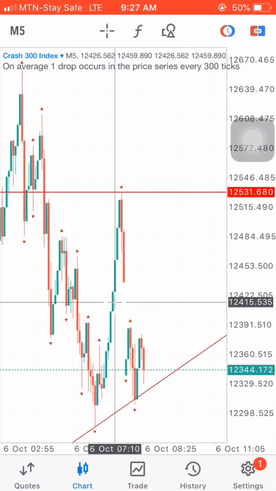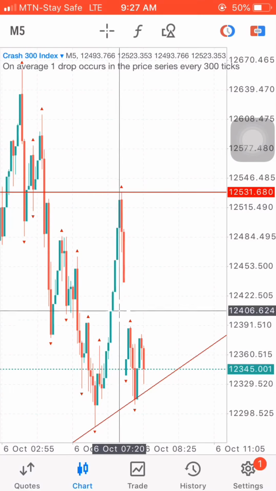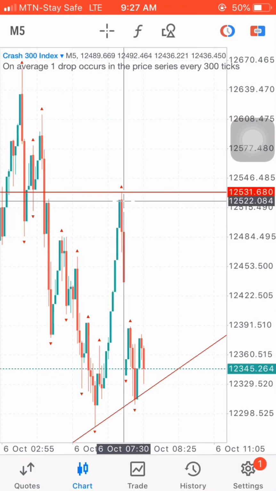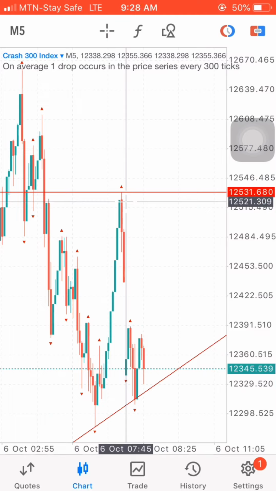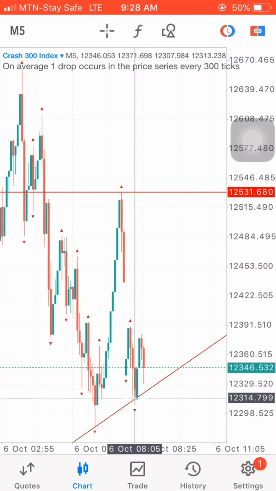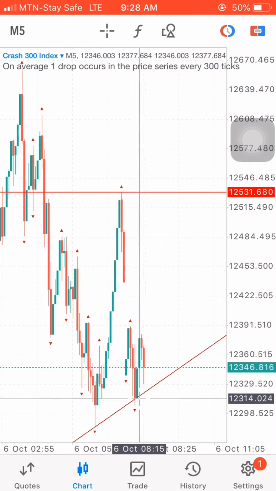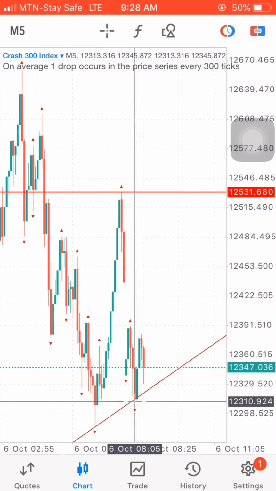So okay guys, prior to the trade I showed you earlier on, we hit our TP. Here is where our TP was set, and we smashed our TP and the market started rejecting. So now if you check down here, you see that when the market rejected, it got down to this level and respected this trend line.